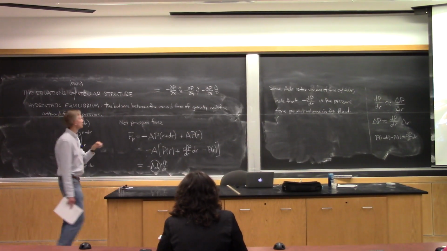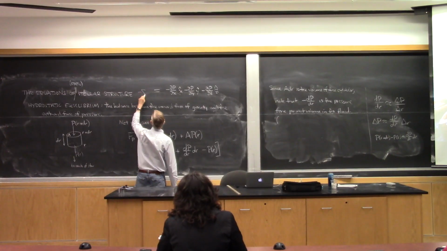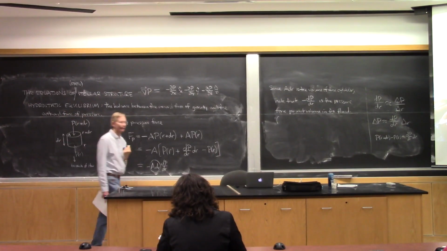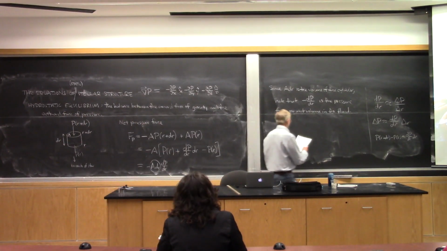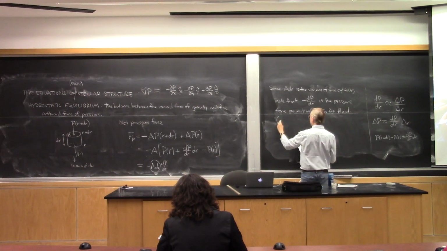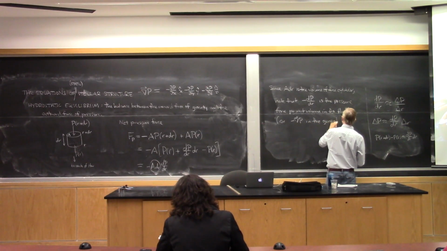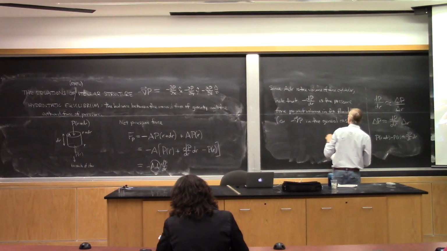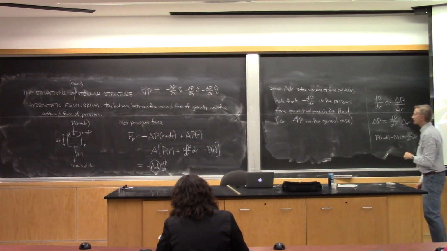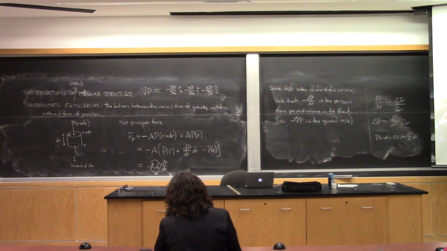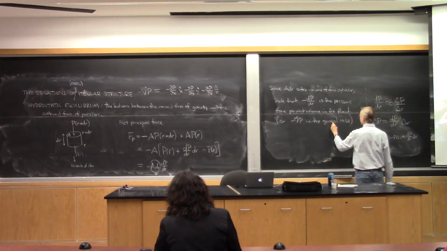So in general, the pressure force per unit volume is minus grad P. That's the general case. Or minus the gradient of the pressure in 3 dimensions. If pressure varies in all 3 directions, minus grad P, minus the gradient of the pressure, is the force per unit volume due to pressure.